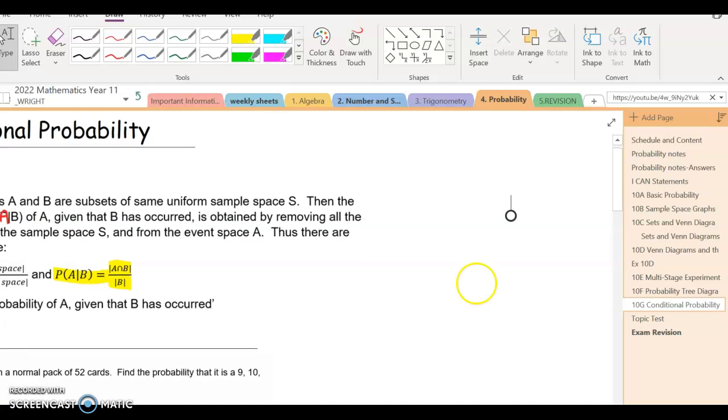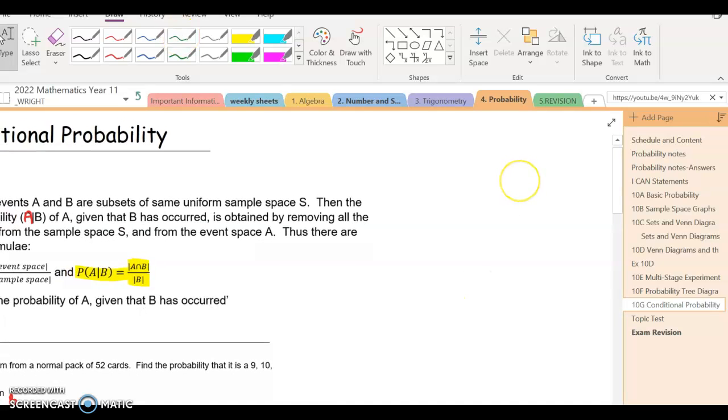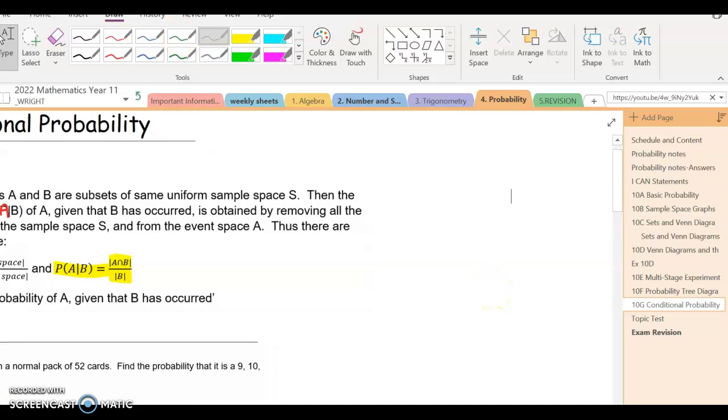We're going to be working out the probability, P, of some event A given B. So we want to work out the probability of A, given that we have other information that we can find useful to work out that probability.